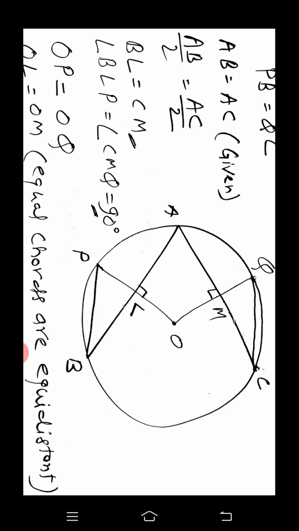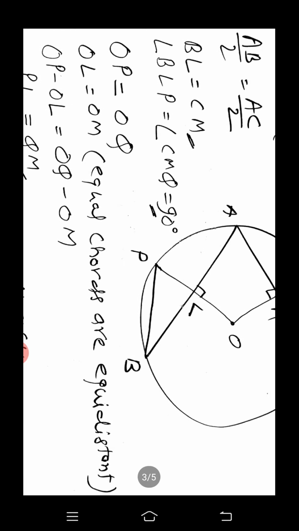Then OP equals OQ, radii of the same circle, and we have already said OM equals OL. So now OP minus OL equals OQ minus OM.